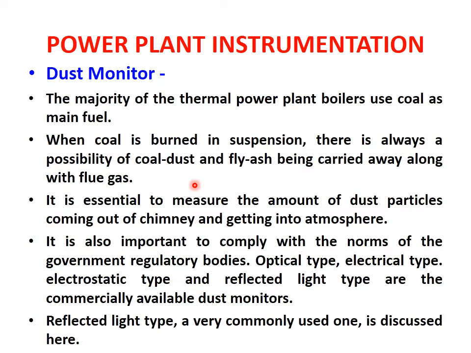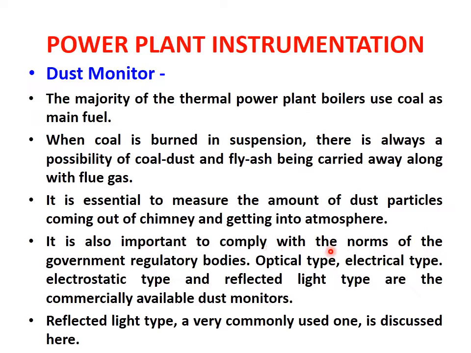When the coal is burned, some particles, which are burnt particles in ash condition, will have a very low density, and therefore they may pass away with the flue gas. Due to this, some coal dust or fly ash can be collected at the top side of the chimney, or it can be exhausted to the atmosphere. That amount of particles coming outside the chimney are known as dust particles.